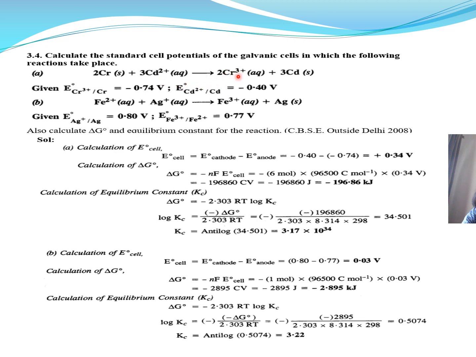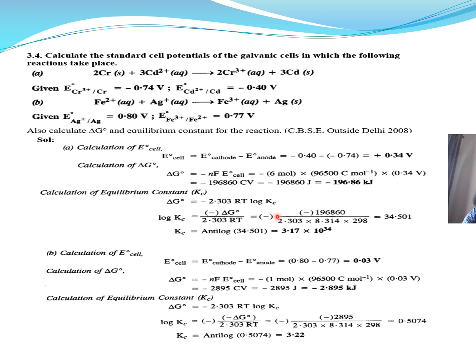It loses 6 electrons, and these 6 electrons are gained by cadmium ions, which change to cadmium. So −6 × 96500 × 0.34. This comes out to be −196,860 joules, or −196.86 kilojoules. Then how do you calculate the equilibrium constant?